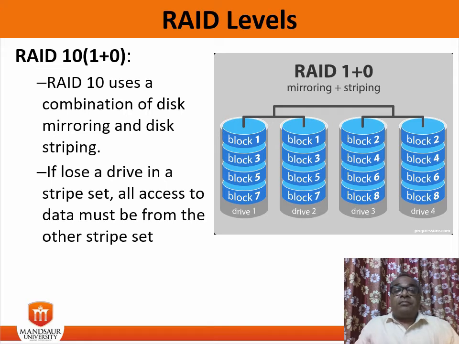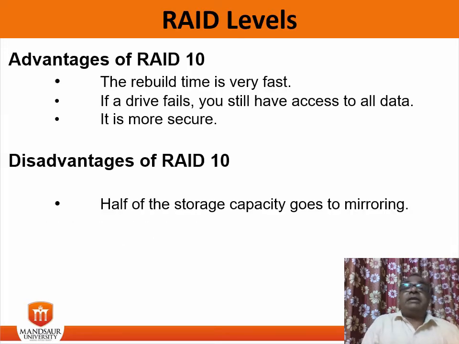Now, the advantages and disadvantages of RAID 10. Advantages: if something goes wrong with one of the disks in a RAID 10 configuration, the rebuild time is very fast, since all that is needed is copying all the data from one surviving mirror to a new drive.